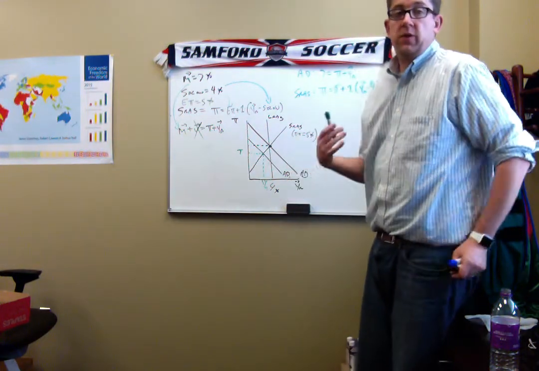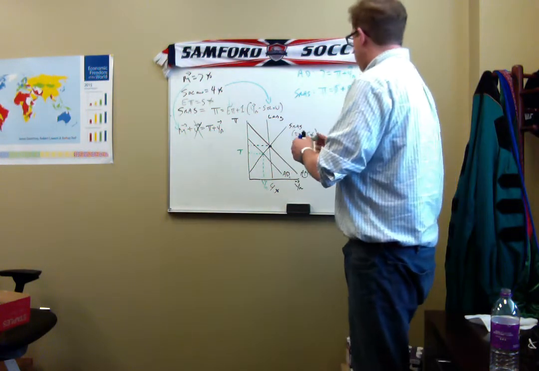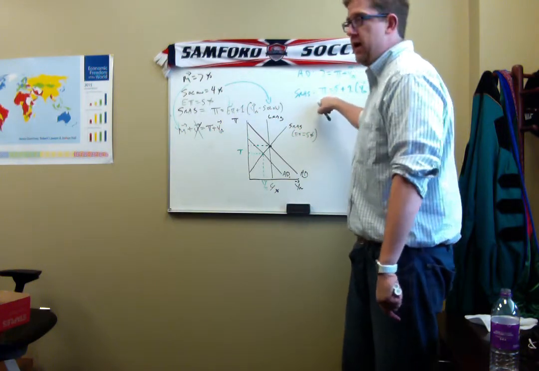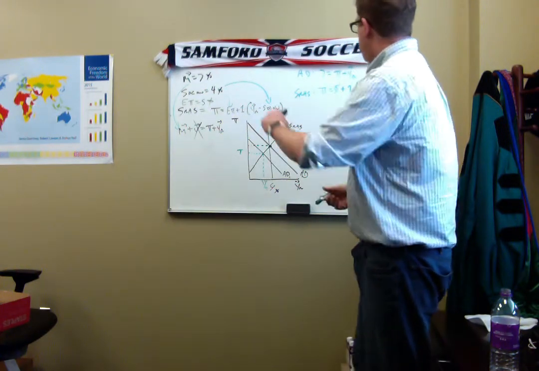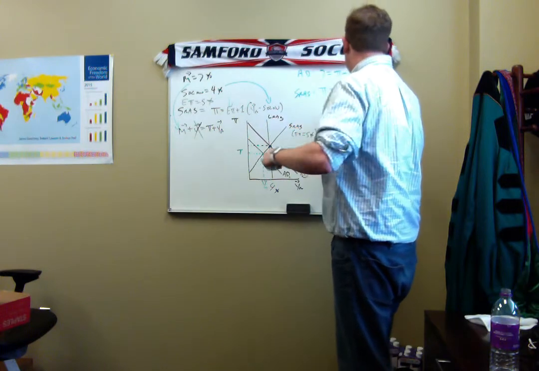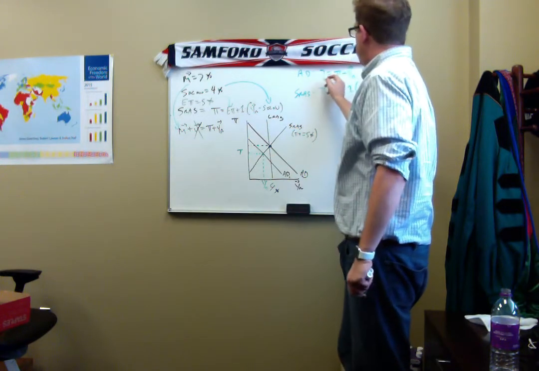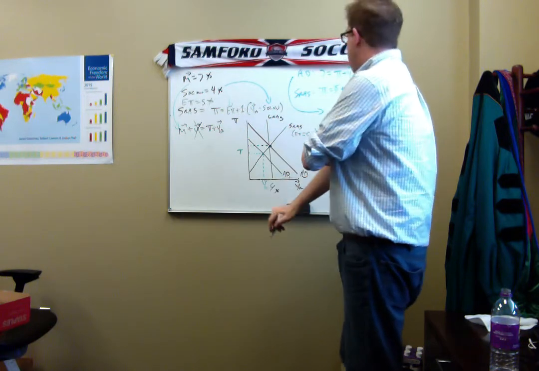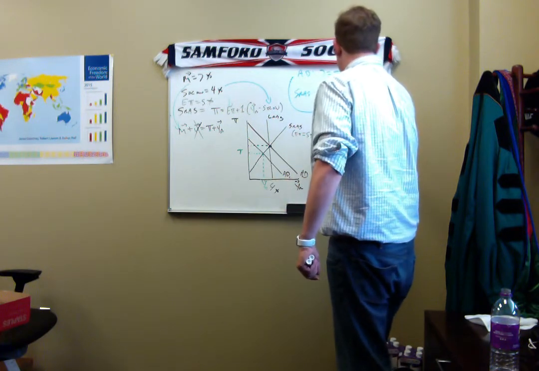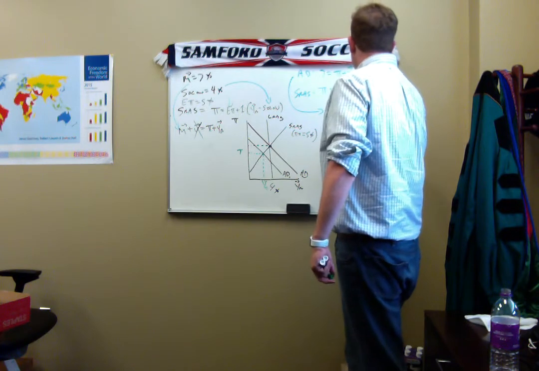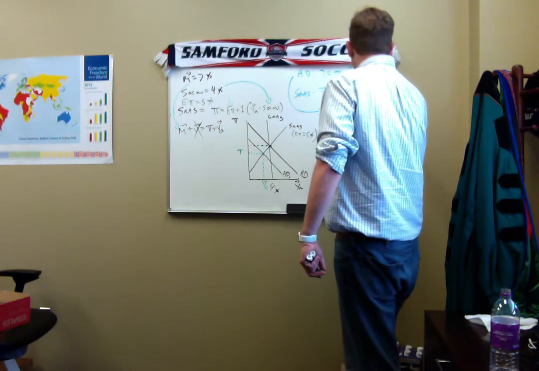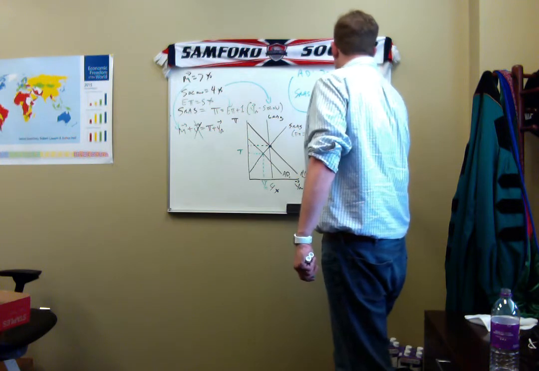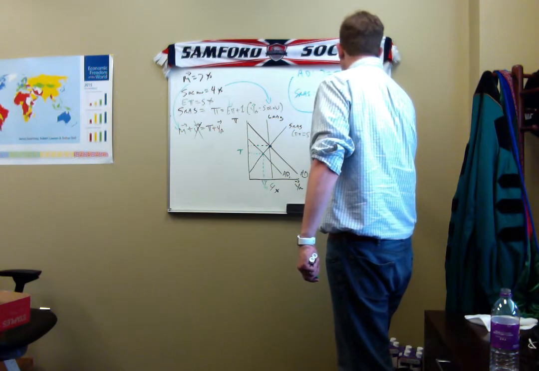Now, all we need to do is collect like terms and solve. So we want to get all of the inflations, all the pies on one side, and all of the growth rates on the other. So we rearrange our expression for aggregate demand. The inflation rate is equal to 7 minus the real growth rate. We have this expression for aggregate supply.